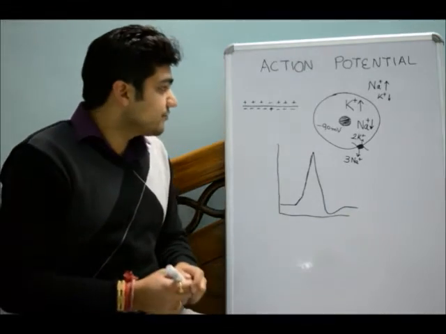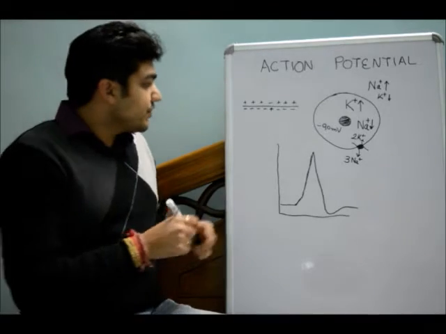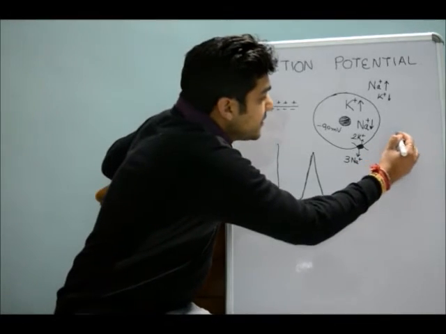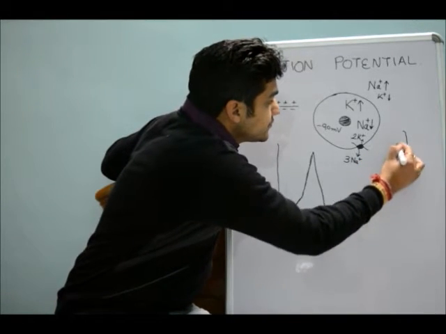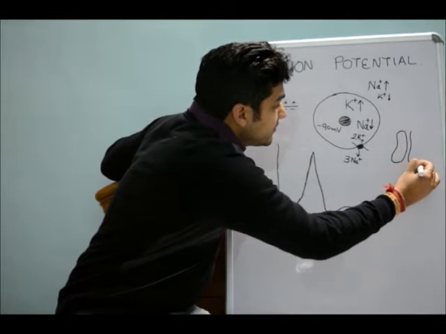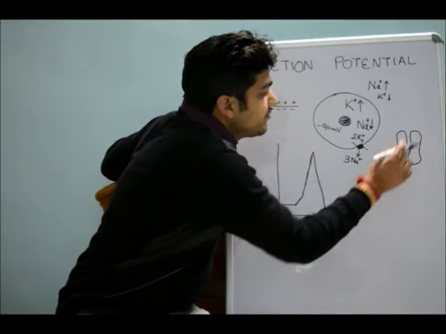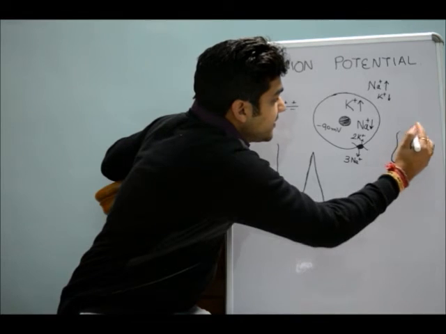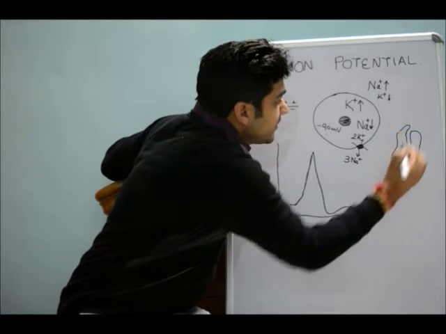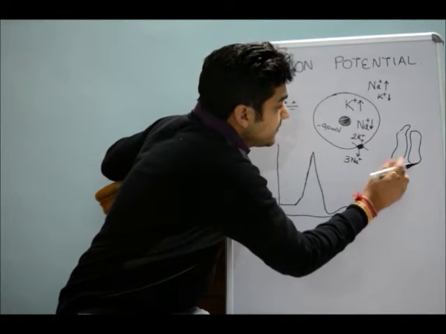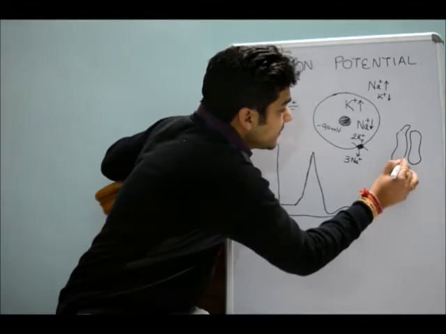And what is inactivation? If we look at the sodium channel, say this is a sodium channel, it has two types of gates. One gate is present on the outside and one gate is present on the inside.